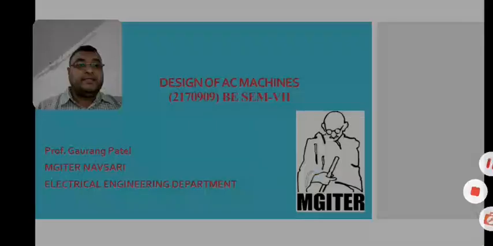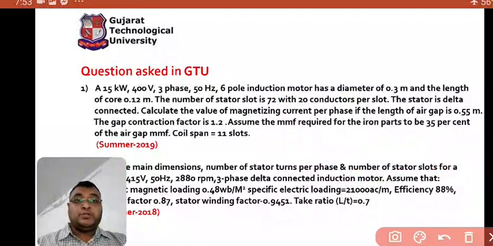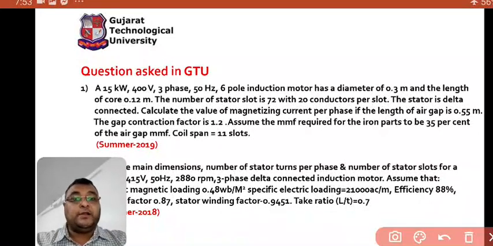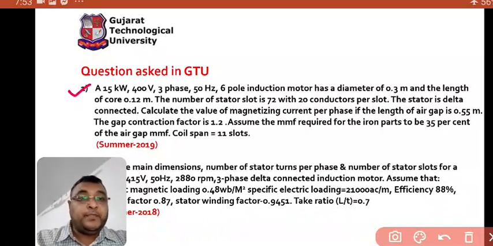So in this example, data is given like this. A motor is rated 15 kilowatt, 400 volt, 3 phase, 50 hertz, 6 pole induction motor, with a diameter of 0.3 meter and a length of core of 0.12 meter. The number of stator slots is 72 with 20 conductors per slot.